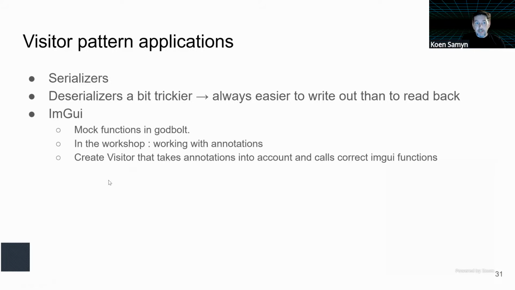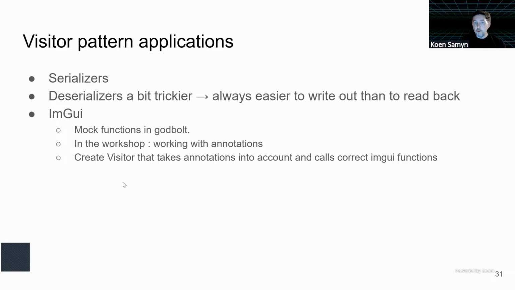ImGUI is interesting. So in graphics programming and tech demos, we use a lot of ImGUI. I will mock the ImGUI functions in Godbolt to ensure that the workshop is only 3 hours. So I don't want to have too many libraries and special cases.